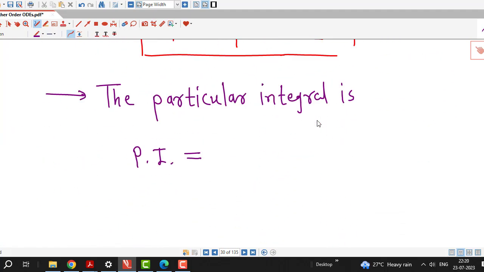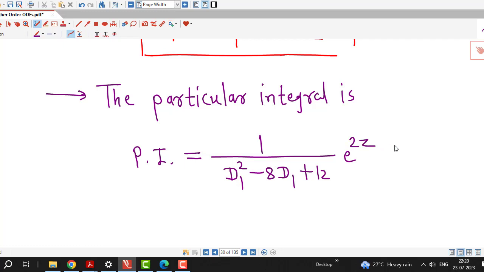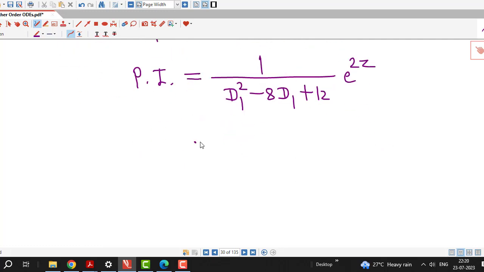So that I am writing here 1 divided by function of D1, which is D1 square minus 8 D1 plus 12 applied to e raised to 2z. And we know that if we have exponential function in shortcut method, then we concentrate on the coefficient of z, which is 2 here, and we replace D1 by 2 in this function of D1.